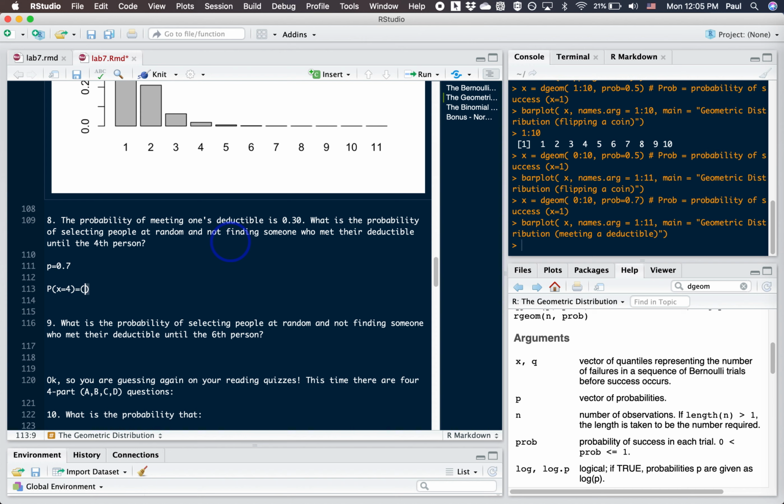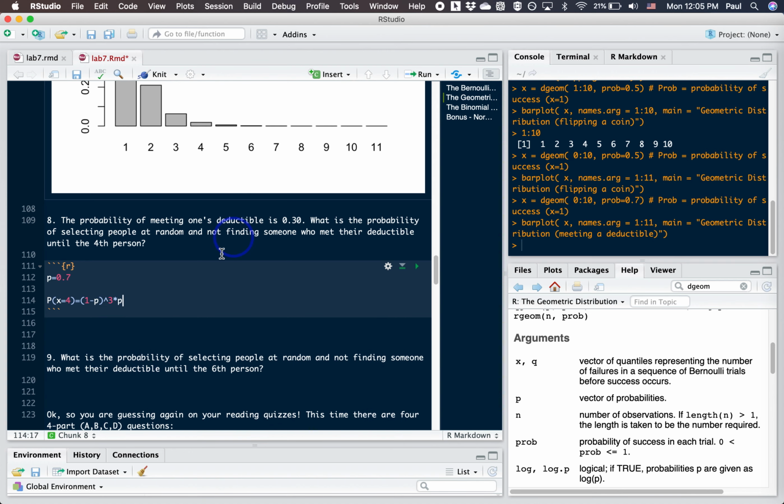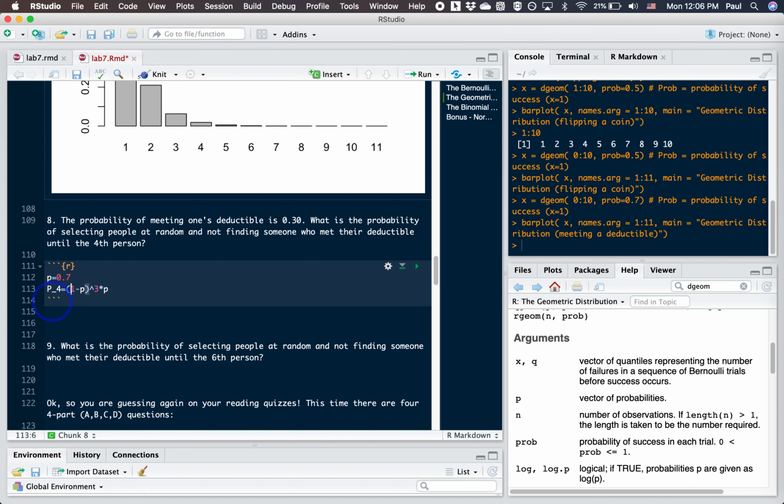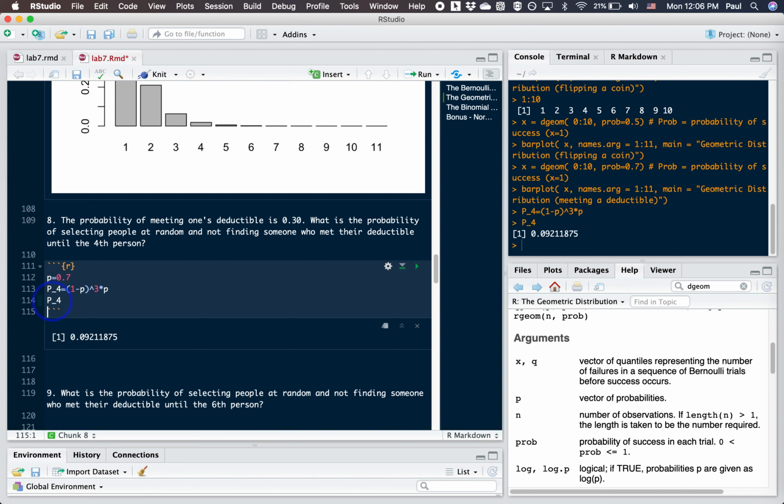That calculation is 1 minus P to the 4 minus 1, which is 3, times P. If we want to have R do this, let's make an R chunk, put it in there, and I'll just call this P underscore 4. To see what that is, I have to display it. So that's our probability. That corresponds to this fourth bar here.